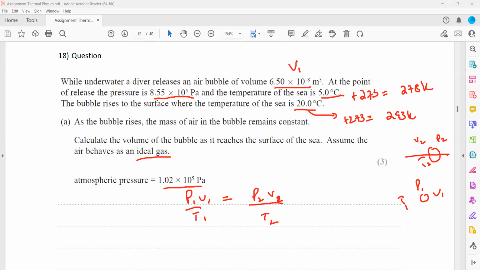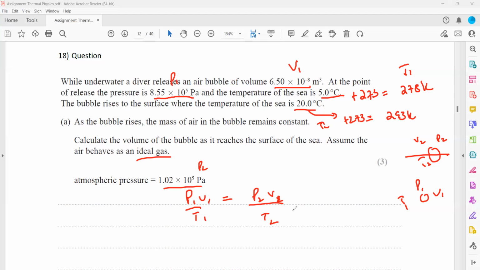But whenever all three parameters are changing, the formula is P1V1/T1 = P2V2/T2. So P1 is the first pressure, V1 is the first volume, T1 is the first temperature. The final temperature is T2, and the final pressure is P2.